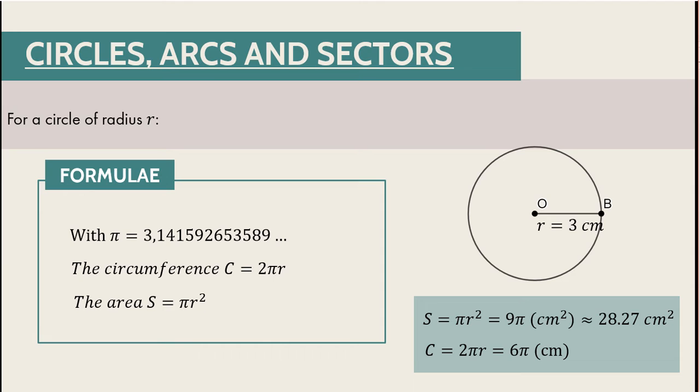And the circumference is 2 pi r equals 6 pi, and it is approximately 18.85 centimeters. Sorry, it is not square centimeters, but only centimeters.